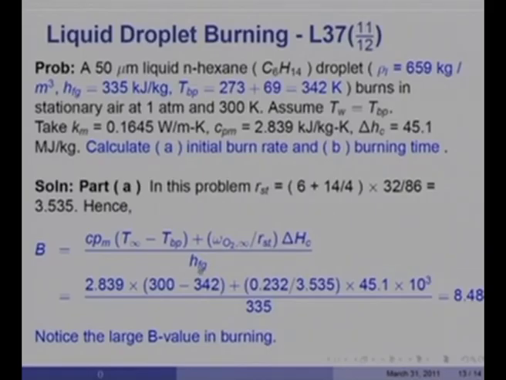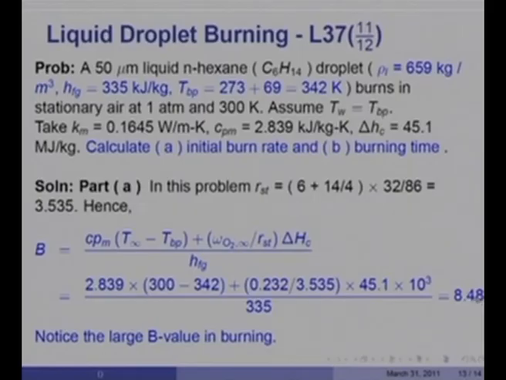That would give you the formula: Cpm (T infinity minus Tbp) plus omega O2 infinity by Rst del Hc, divided by Hfg, and substituting for Cpm 2.839 kilojoules per kg, 300 minus 342. So, remember the sensible part is negative, but the heat of combustion part is positive: 0.232 divided by 3.535 into 45.1 into 10^3, divided by the latent heat, that gives you 8.48.